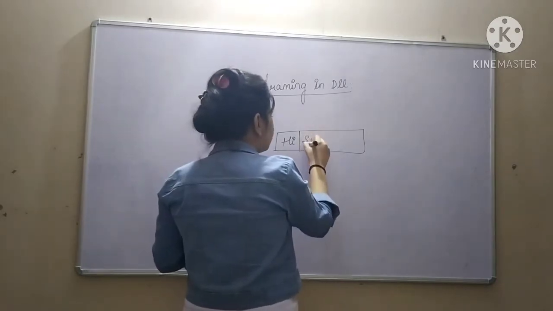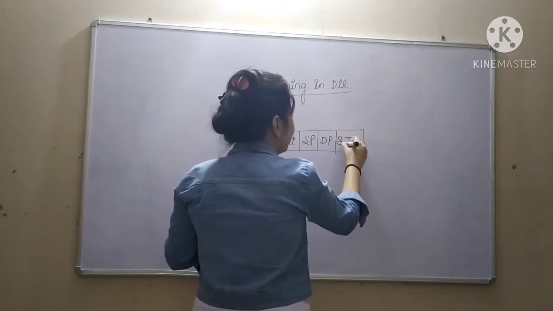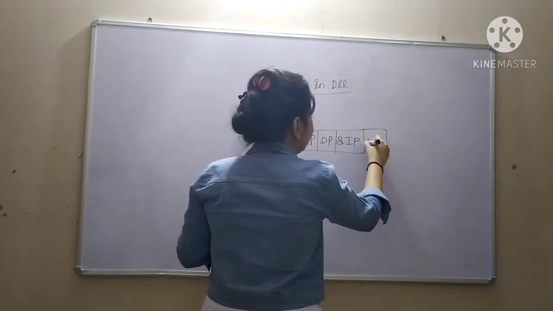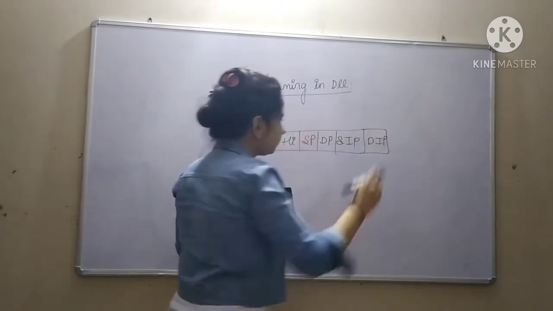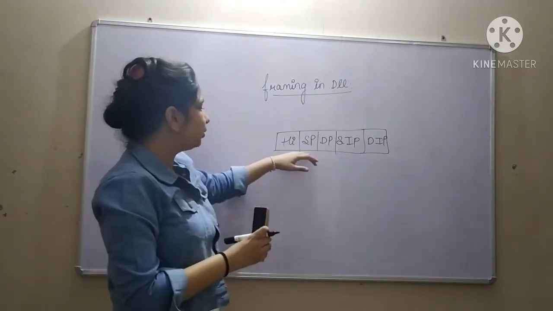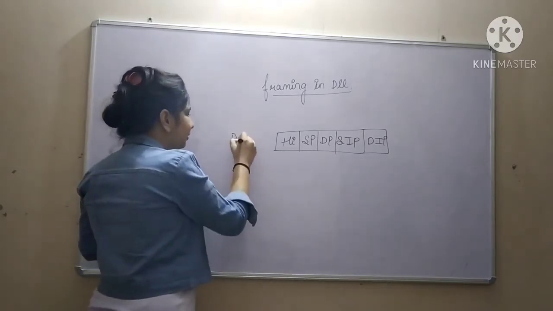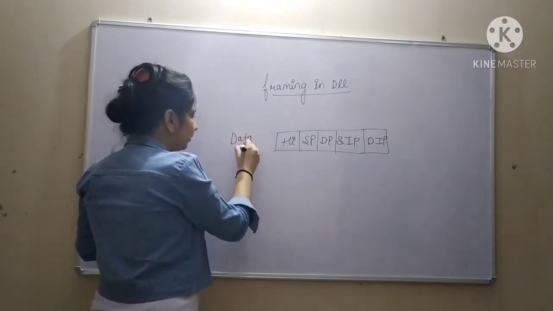Then we have source port number, destination port number, source IP and destination IP. All this information has been embedded in the message. Now this message has reached the data link layer.